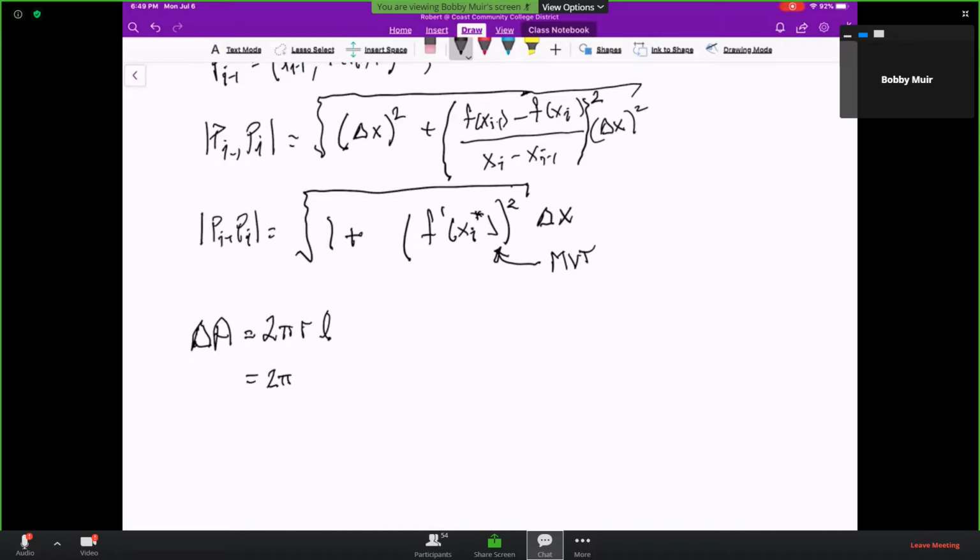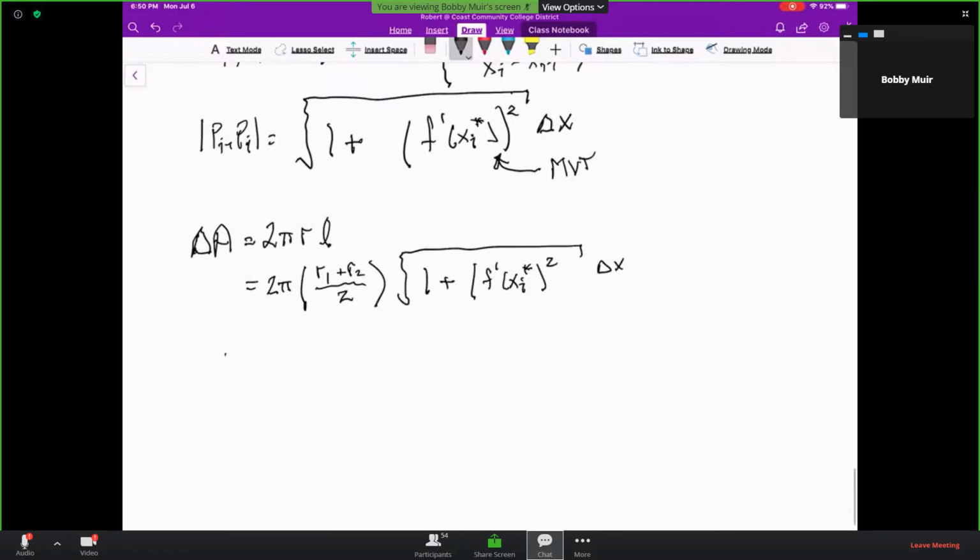Now this R, if you remember, is (R1 plus R2) over 2, times this thing that keeps showing up, the square root of 1 plus f prime of xi star squared, times delta x.